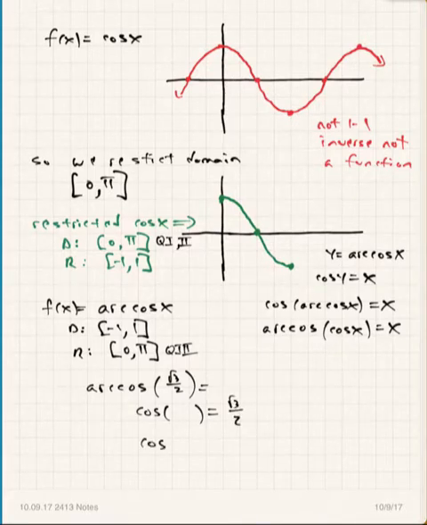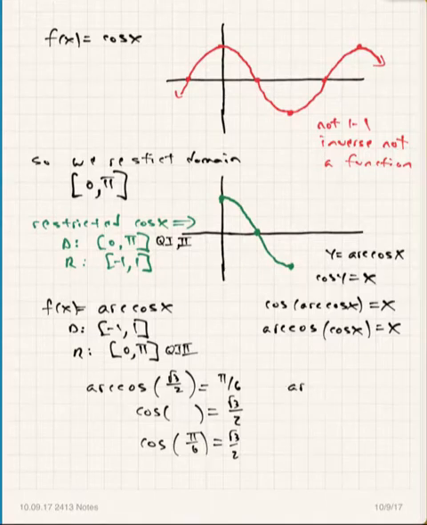You have to pay attention to the restriction that this is the restricted cosine function, and so we can only use values from 0 to pi. And so we get the cosine of pi over 6 is equal to the square root of 3 over 2. You remember, the cosine is also positive in quadrant 4, so the cosine of 11 pi over 6 is square root of 3 over 2 also, but we can't use that one because it's not in the right restricted area. So what do we have here? That the arc cosine of the square root of 3 over 2 is pi over 6, like that.